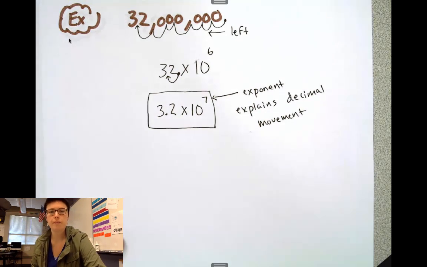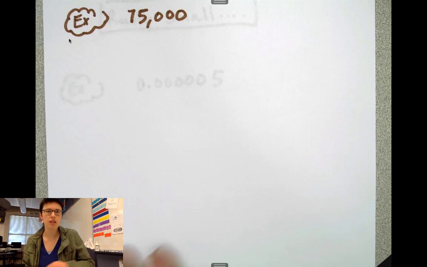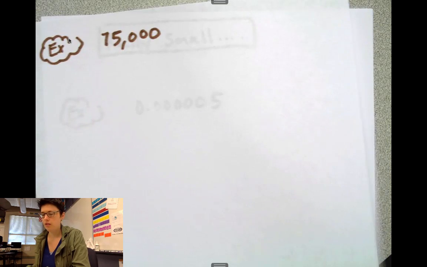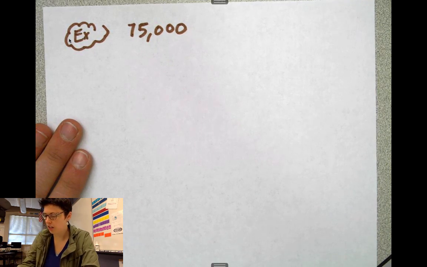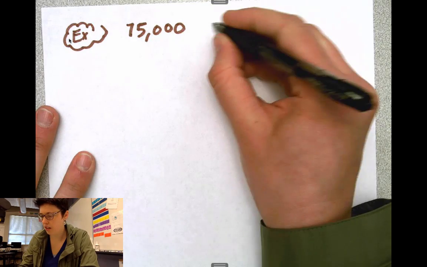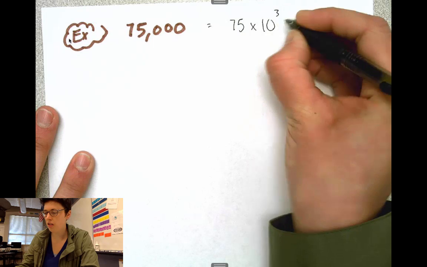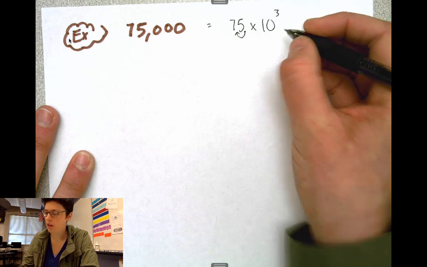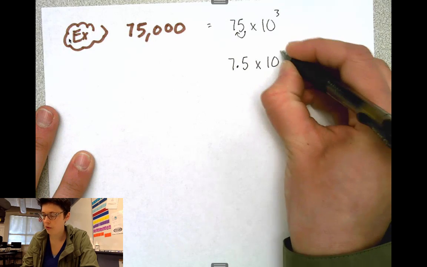7 times left. So how would you do, something not as big and huge, but how would you do 75,000? What would your strategy be on that one? Yeah, you're going to see 3 zeros and you're going to think in your mind, oh, it's like 75 times 10 to the 3rd. But then you're going to take that decimal point and go one more step and change it to 7.5 times 10 to the 4th.